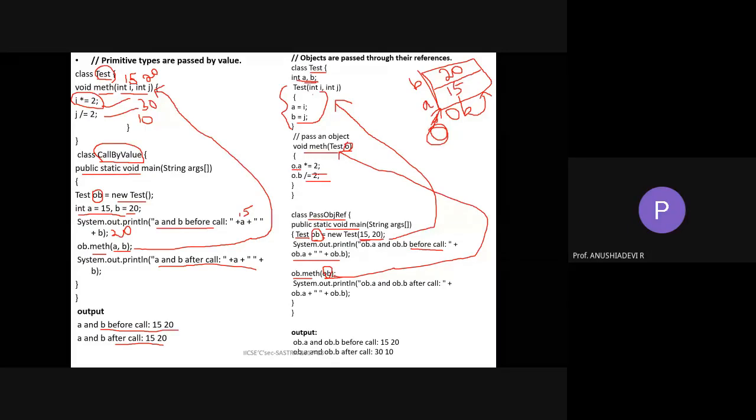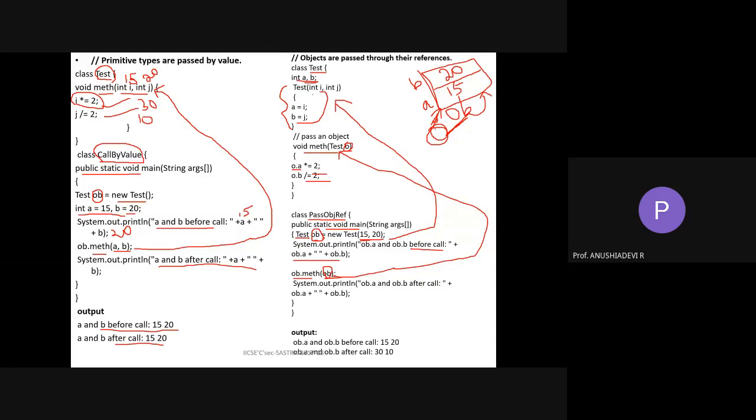So now if I do any changes in this O.A, that also affects OB.A, because both are pointing to the same object. So if you change O.A value, then OB.A value is also changed. Both are the same only, no? So now this value becomes 20, this value becomes 30 and this value becomes 10.